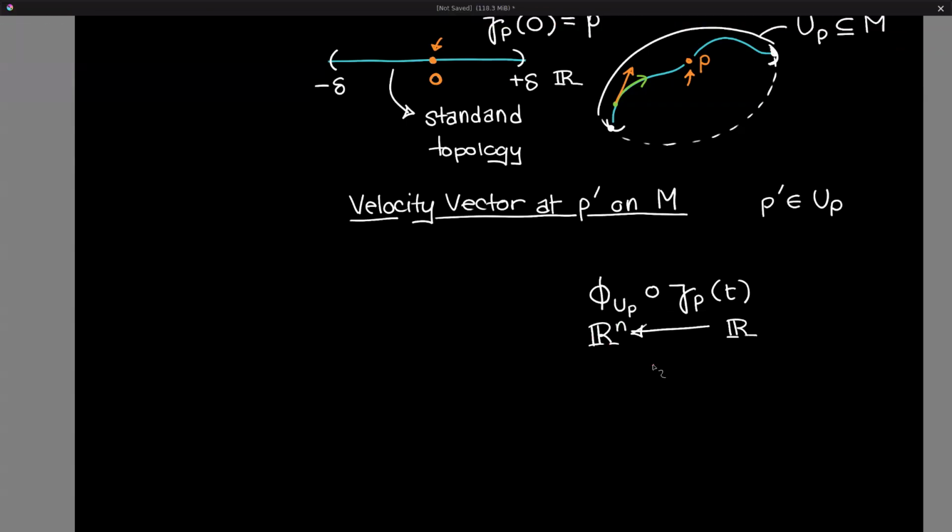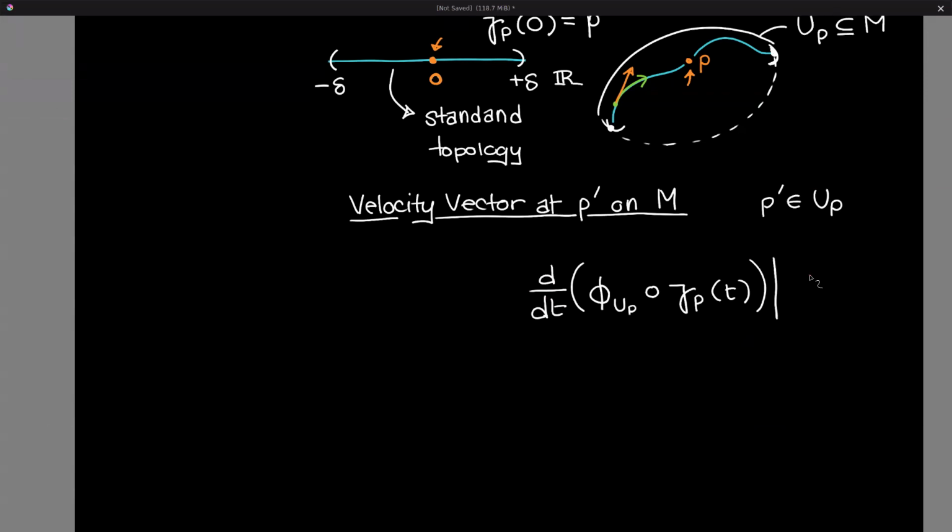But if we have an output in Rn, we know how to take the derivative of it, right? Well, sorry, its input is in R, so it's actually a single variable function. And if it's a single variable function, we don't even need to use multivariable calculus. We can just take the single variable derivative that we all know about.